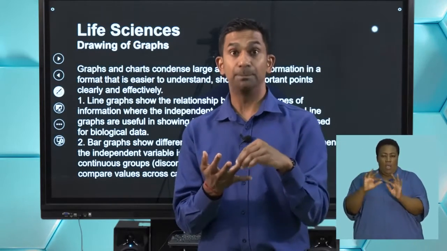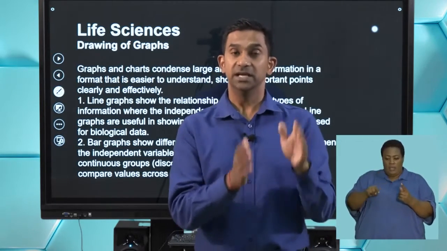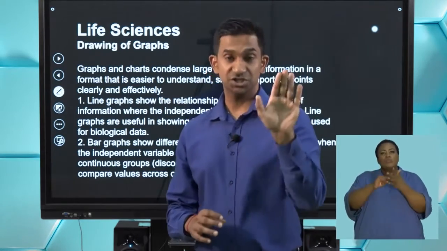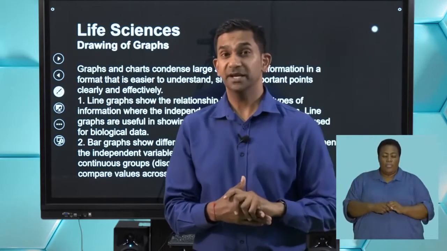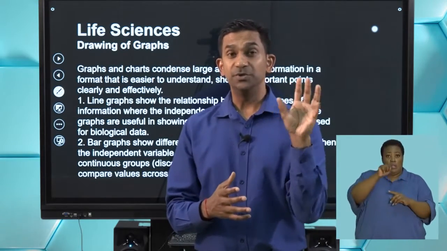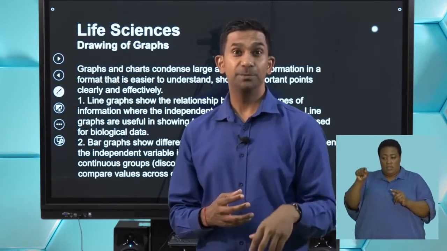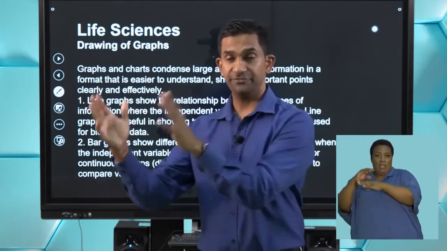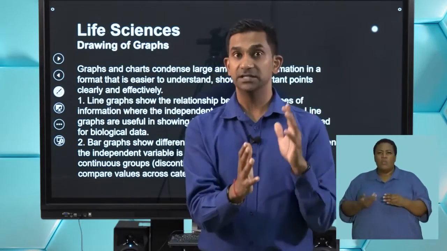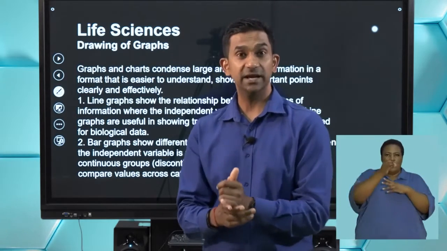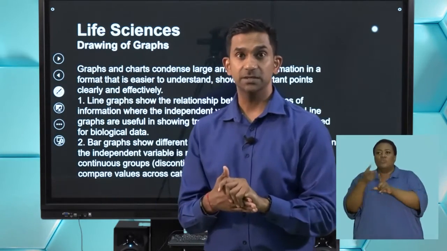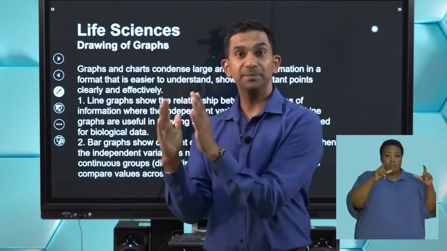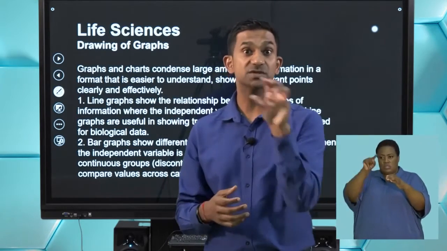We also know that there are bar graphs, and bar graphs tend to be for information that is non-consistent but can be illustrated, showing you the change in, and I mentioned this earlier on, a bar graph could be used to illustrate information where we compare an age cohort to a different age cohort, or males and females, or the average rain in the year 2019 compared to the average rain in the year 2020. Those are comparisons where a large group can be compartmentalized into different segments. So we use a bar graph.